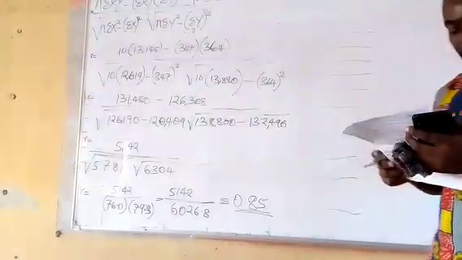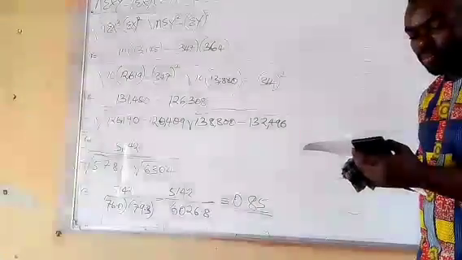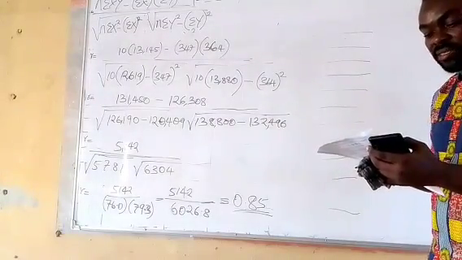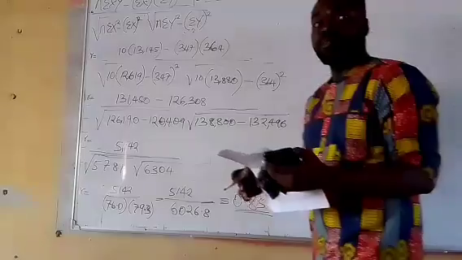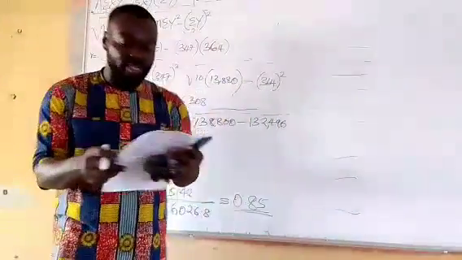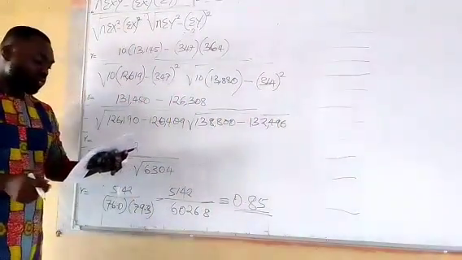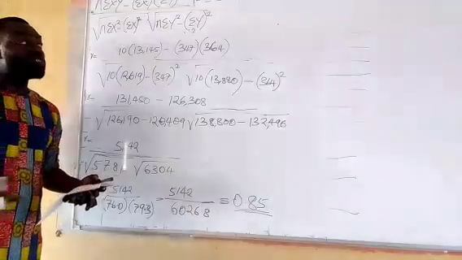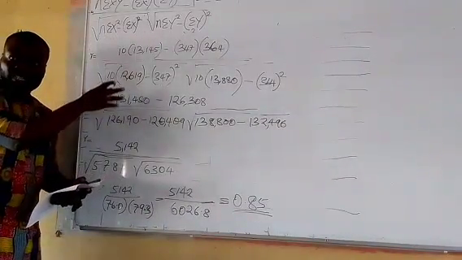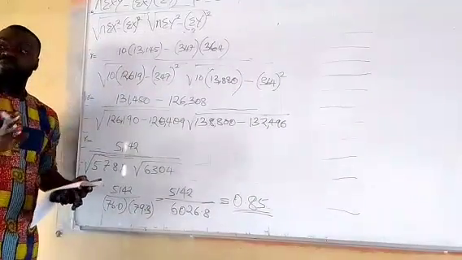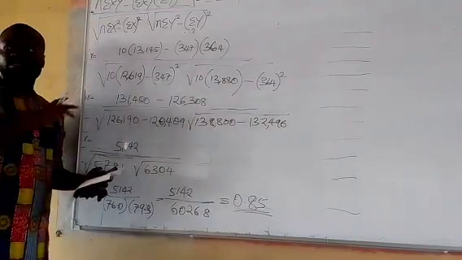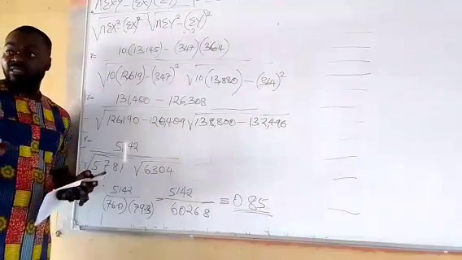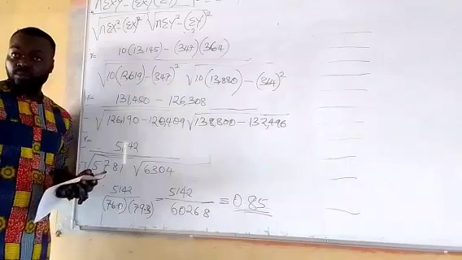Now 1B. The B says: explain two conditions that must be on ground before you analyze data with Pearson. It simply means, why is it acceptable to use this in correlational research? Number one, this method is mostly acceptable and it is free from assumption.